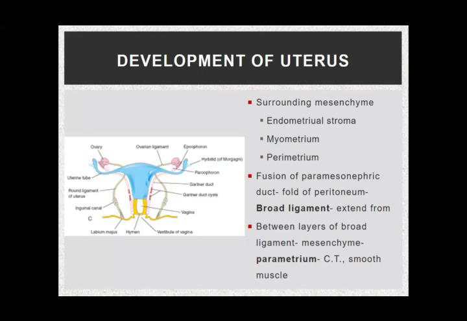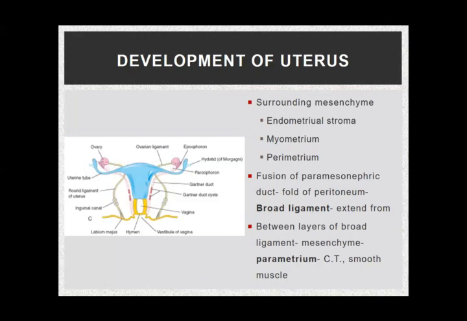Now, we had talked about the broad ligament. The broad ligament encloses the uterine tube. It is attached to the side walls of the uterus and the vagina, and the other end is attached to the side wall of the pelvis.